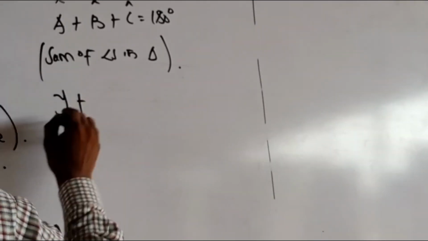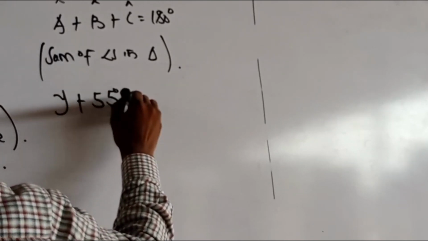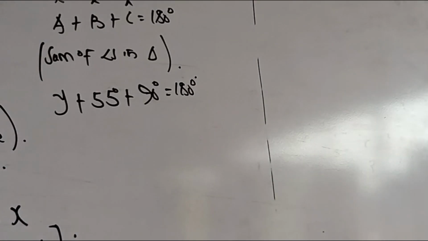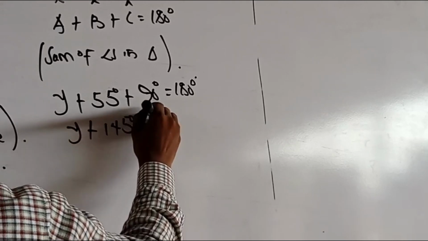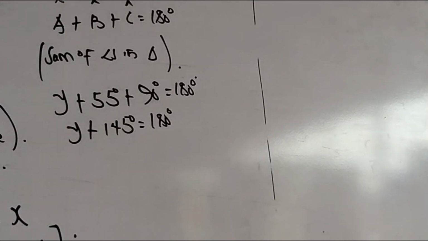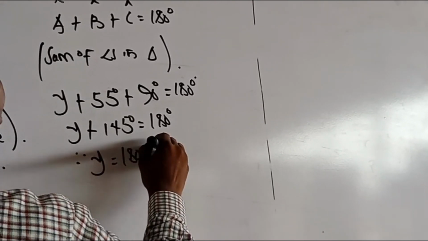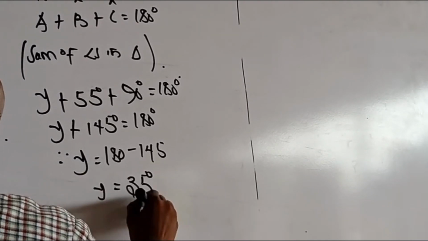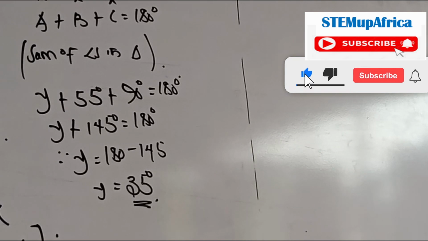Our A is Y, our B is X, which we have gotten already as 55 degrees, and our C is simply 90 degrees, equals 180 degrees. So I have Y plus 145 degrees equals 180 degrees, as we add 90 to 55. Therefore, Y is simply 180 minus 145. Y will give us 35 degrees. So that's how you apply the principles of circle geometry and also plane geometry in dealing with questions like that.